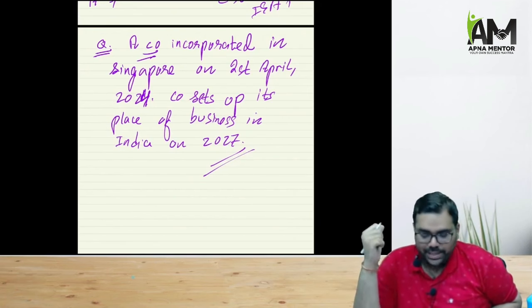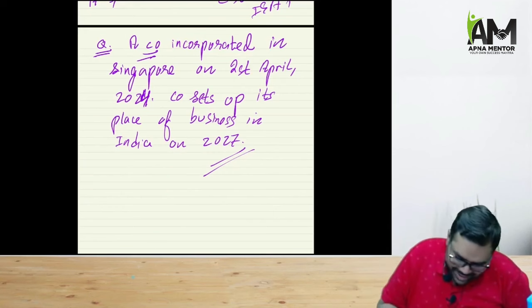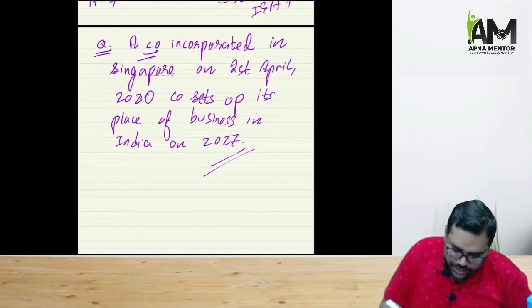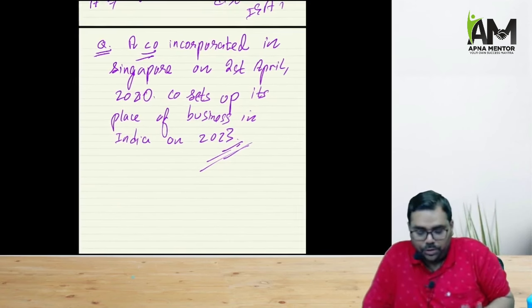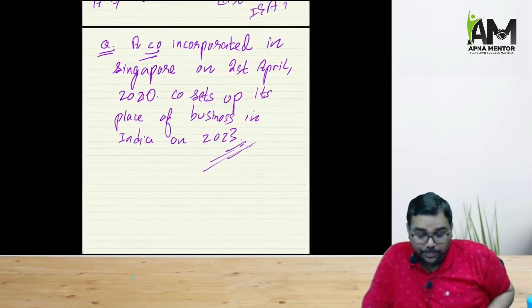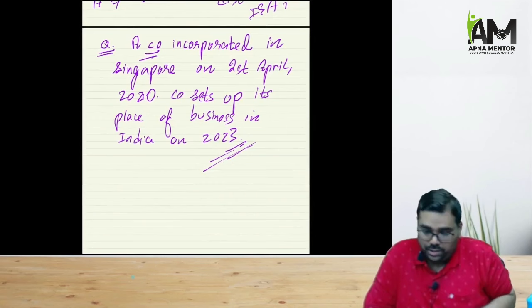Or why make things complicated, you can just keep it 2020 and 2023. So a company incorporated in Singapore on 1st of April 2020 sets up its place of business in India in 2023.